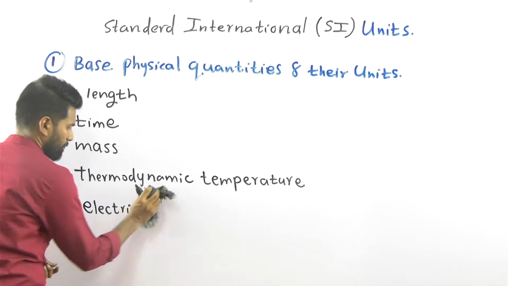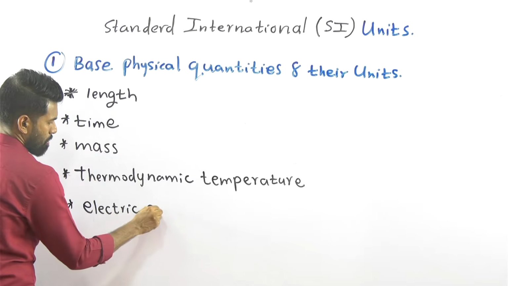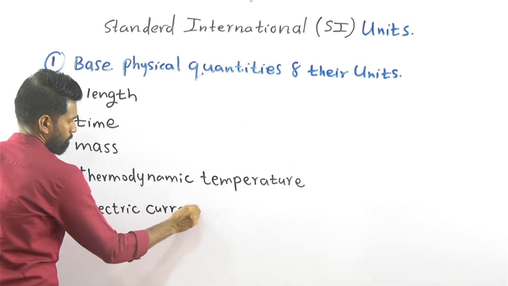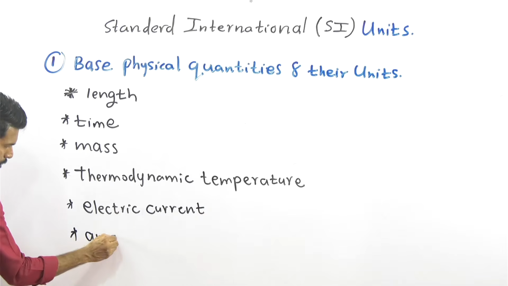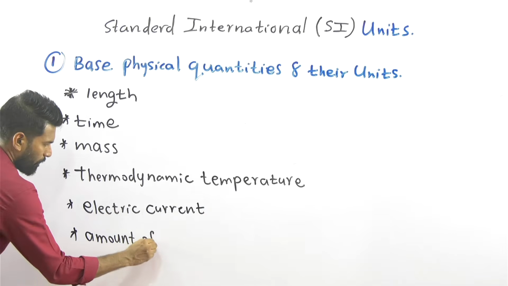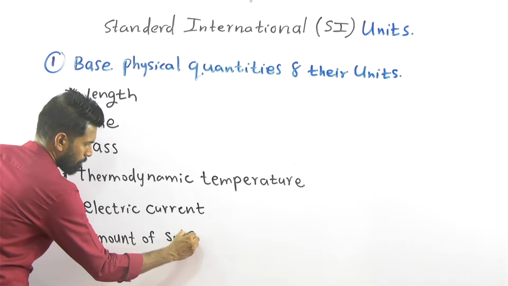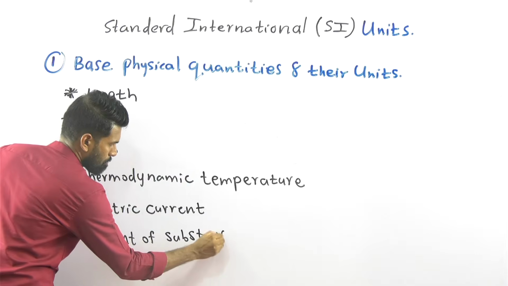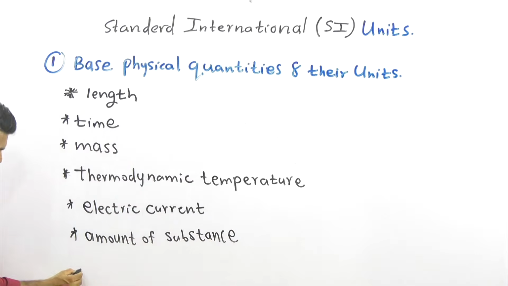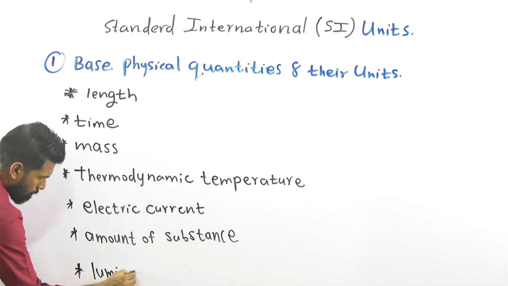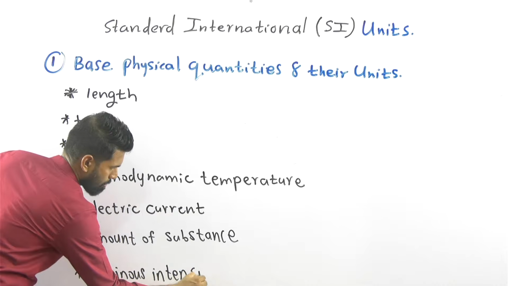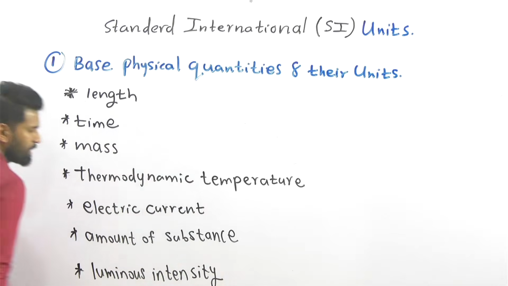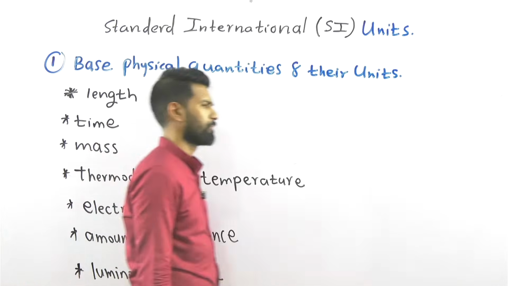Electric current. Amount of substance. Luminous intensity. Shall we write them first?